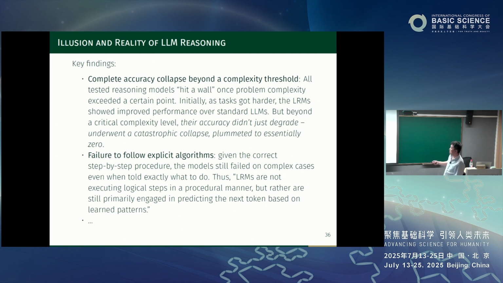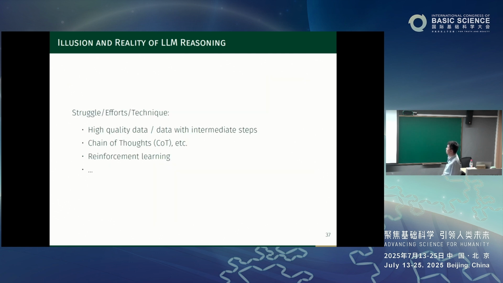Large reasoning models are not executing logic steps in a procedural manner, but rather are still primarily engaged in predicting the next token based on learned patterns. So that's the limitation of large language models. People struggle and put great effort into developing many techniques to improve their performance, including high quality data with intermediate steps, chain of thought, reinforcement learning, and prompt engineering.